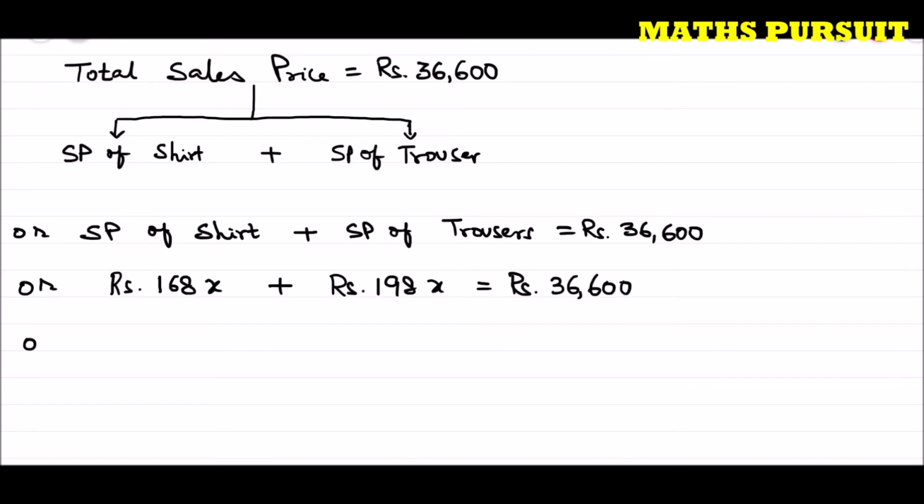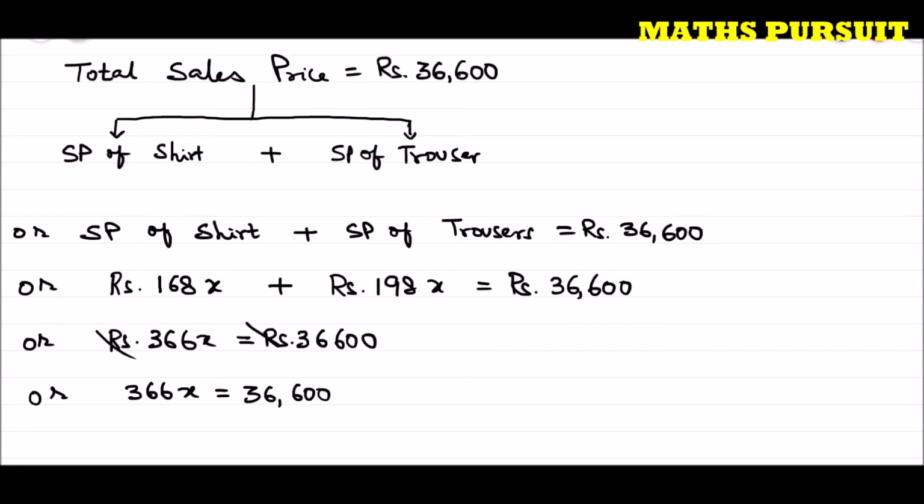Or I can write rupees 168x plus rupees 198x is nothing but rupees 366x, that is equal to rupees 36,600. So this rupees and this rupees cancel out. We are left with 366x is equal to 36,600.